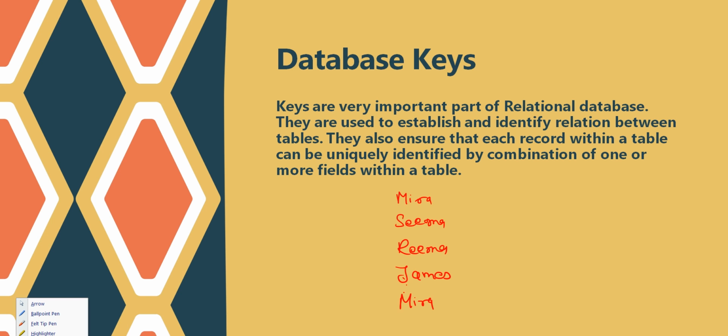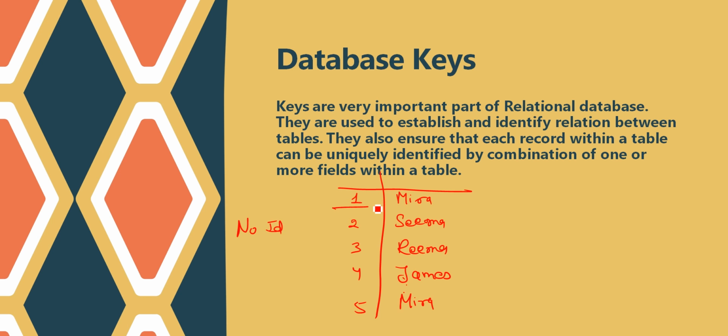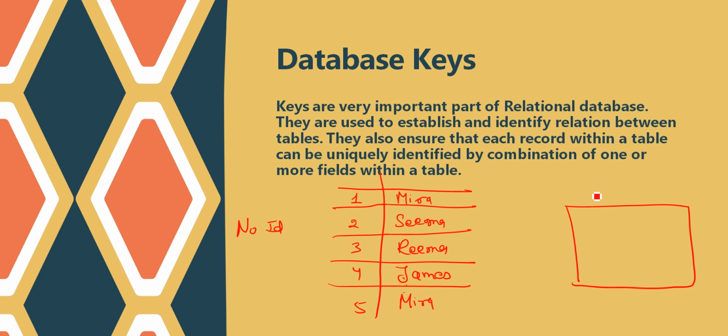Like this Meera is going to get, let's say, ID 1, then the others will get 2, 3, 4, 5, meaning this ID column will not be duplicated. Each and every ID will be unique for each and every student. Now let's say I create the table of marks, and this time to store how much everyone gets, instead of writing the name I will write the student ID.